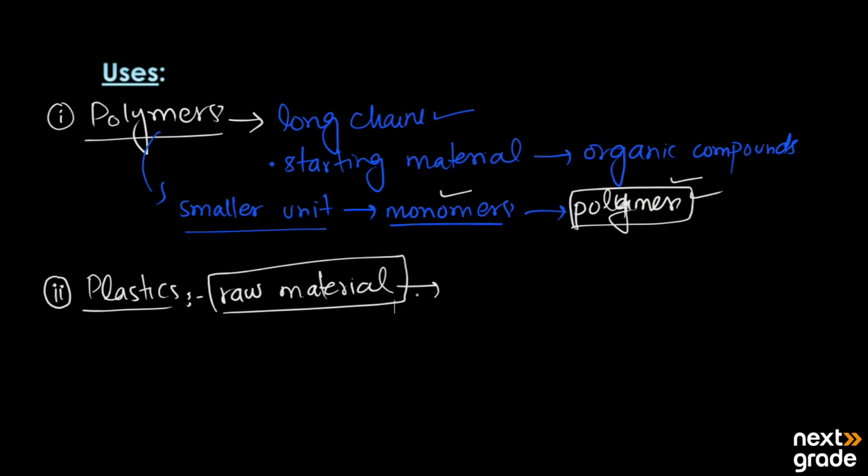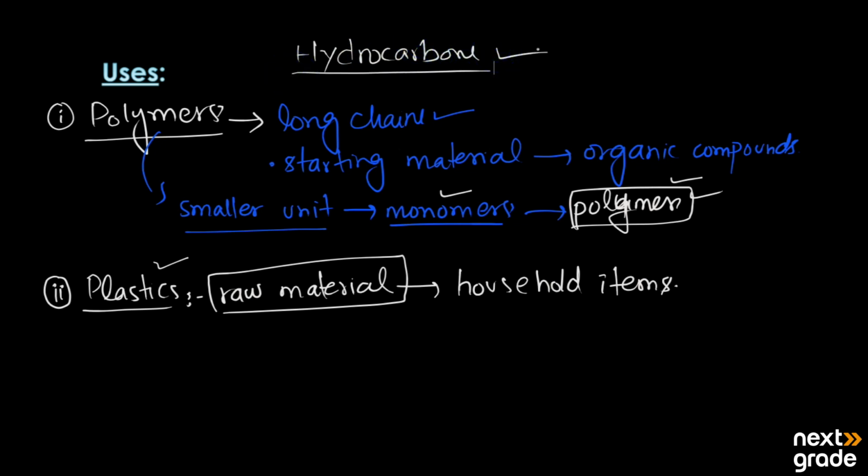Many apparatus and household items are made of plastics. We have furniture, electric and sewage items, all made of plastics, and plastics are mainly formed with the help of hydrocarbons.